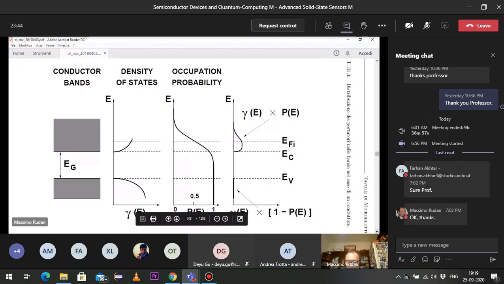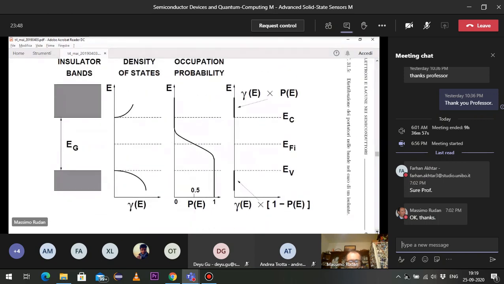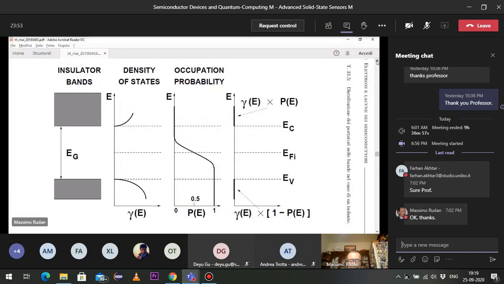And this is shown in this figure. We have the case in which, as you see, the Fermi level belongs to the forbidden gap. Actually, it is in between.